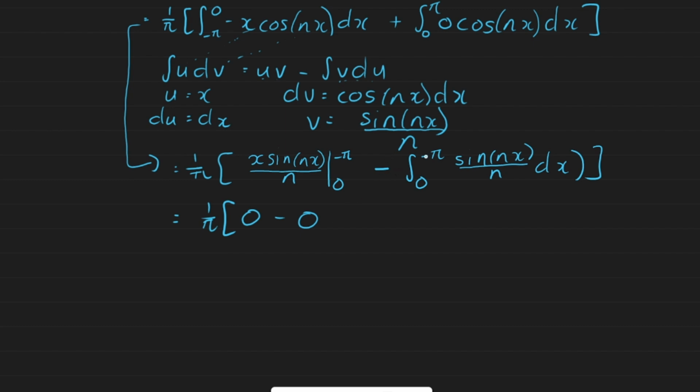So now what's going to happen is that we're going to integrate sine nx. So the integral of sine is minus cos, so that's what we're going to put in. And remember that cos of minus x is just the same thing as cos of x, so we need this.